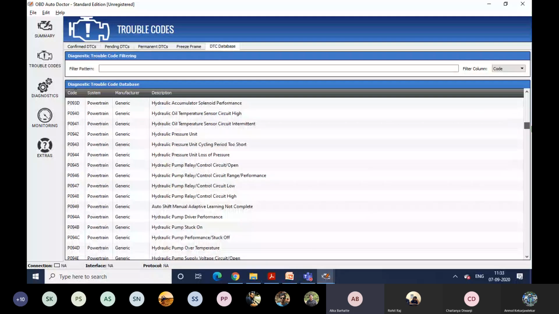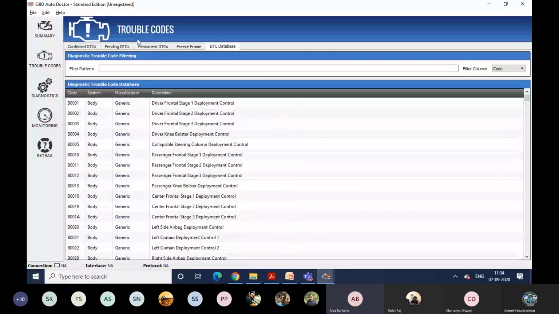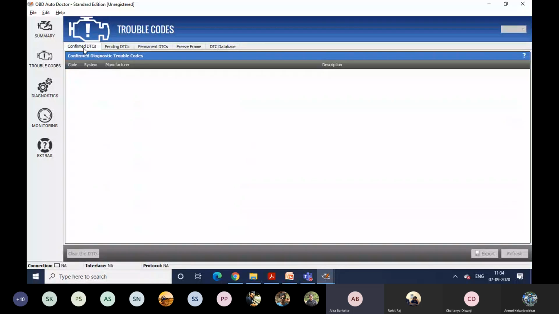Okay, so this is how these softwares are used. Your service stations, wherever you are taking your vehicle for servicing, are using these softwares, not exactly OBD Auto Doctor, they might be using some other, but it works very similar to this particular software.